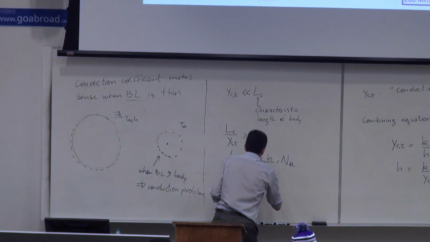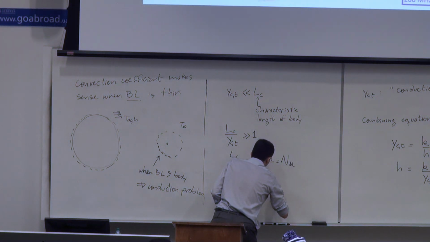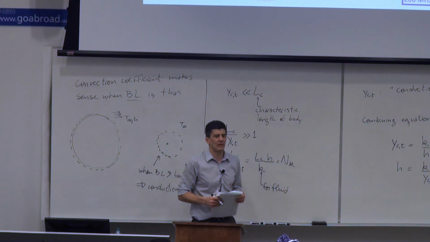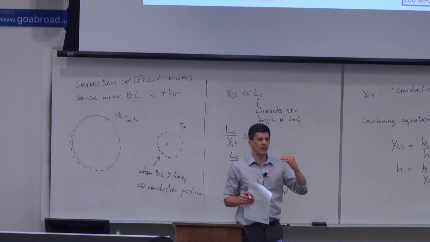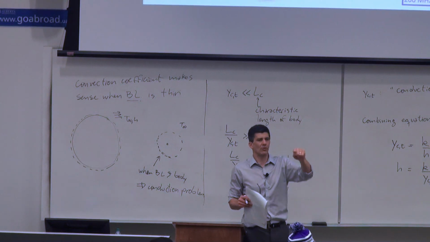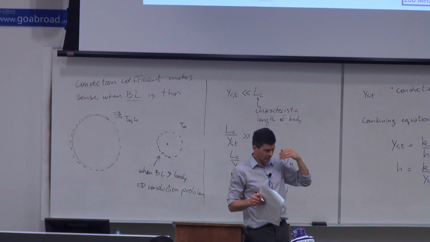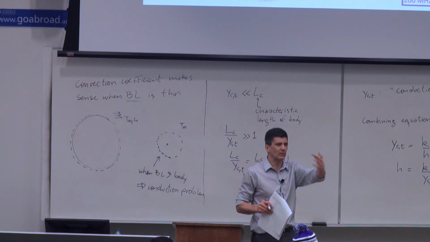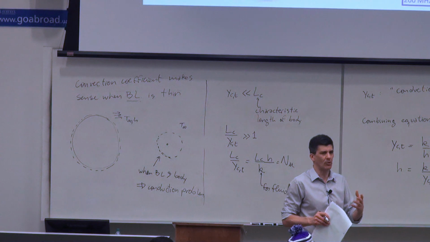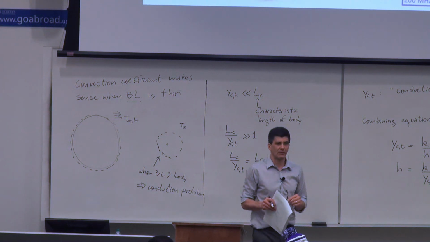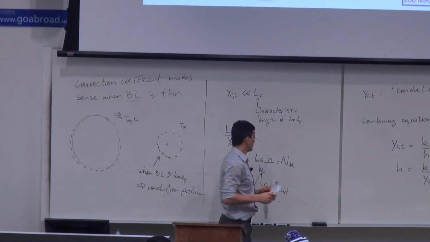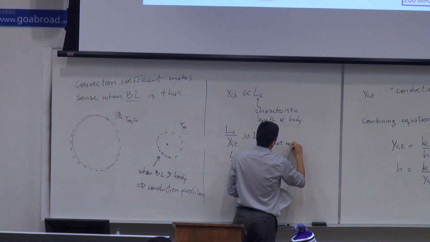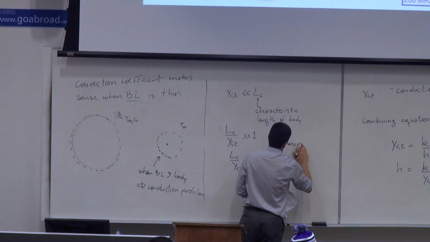And there's something else. In the Biot number, typically, the characteristic length is the length in the direction of the motion of the heat. In a sphere it was the radius of the sphere, in a wall it was the thickness of the wall, in a cylinder the radius of the cylinder. But now, not anymore necessarily in the direction of heat flow.